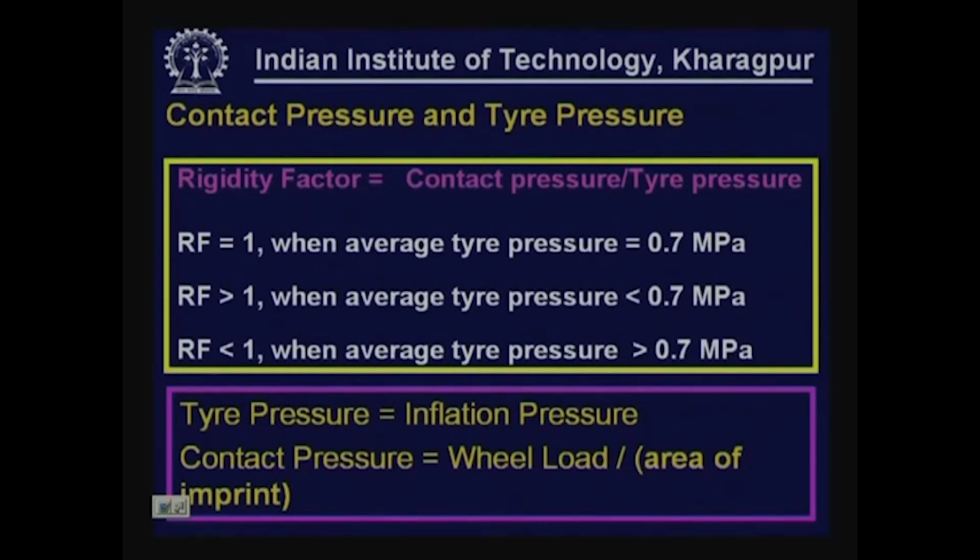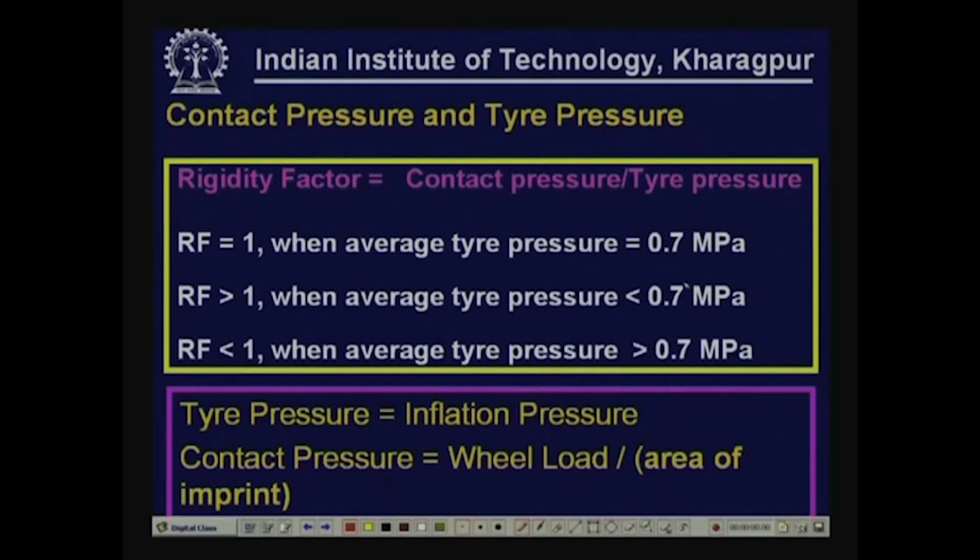This can be represented in the form of the rigidity factor, which can be defined as contact pressure by tire pressure. If the tire pressure is about 0.7 MPa, then you can assume the rigidity factor to be 1, that means the contact pressure would approximately be equal to the tire pressure. That is the situation when you have about 0.7 MPa tire pressure.